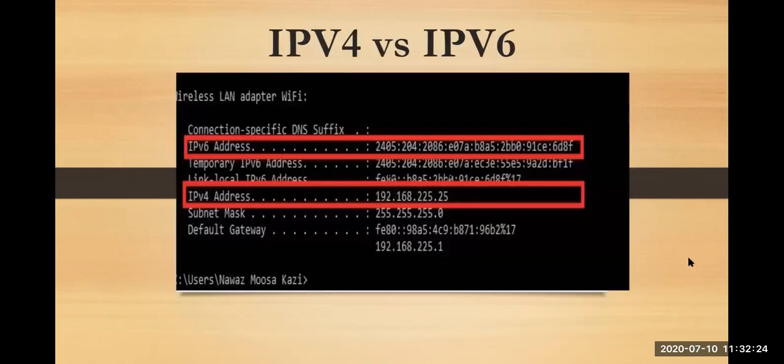Next, IPv4 and IPv6. IPv4 and IPv6 are nothing but the protocols that are working over your IP addresses. V4 stands for version 4 and V6 stands for version 6. So when I talk about IP addresses, what is their main function? Basically, IP addresses are used for communication over the internet.